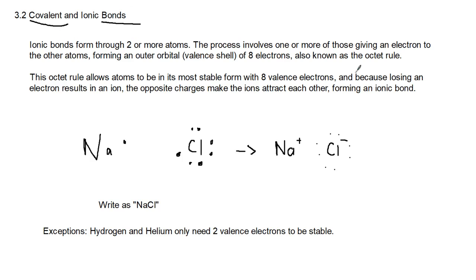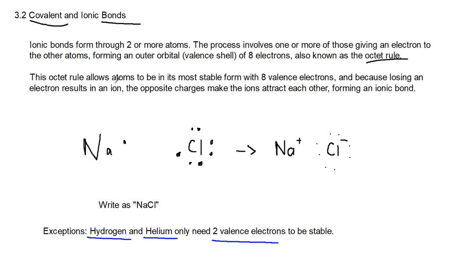The stable rule is called the octet rule, and the octet rule states that a valence shell of 8 electrons is the most stable. The exceptions are hydrogen and helium, which only need 2 valence electrons, and helium pretty much makes no compounds because it already has its 2 valence electrons.